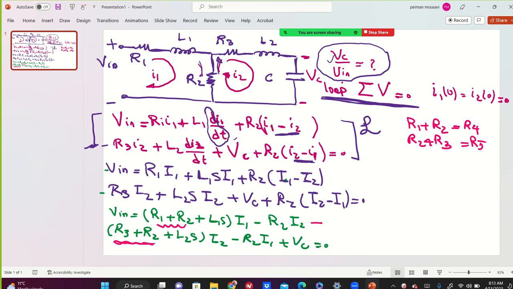So now you can write simply like this. Let me double check that everything is right.